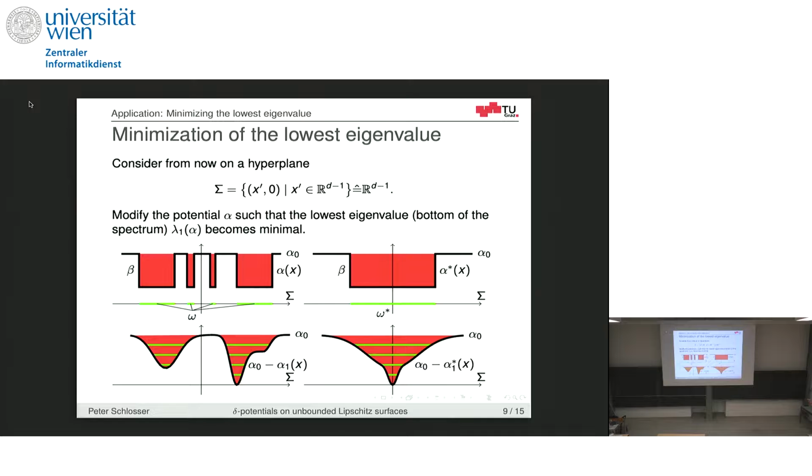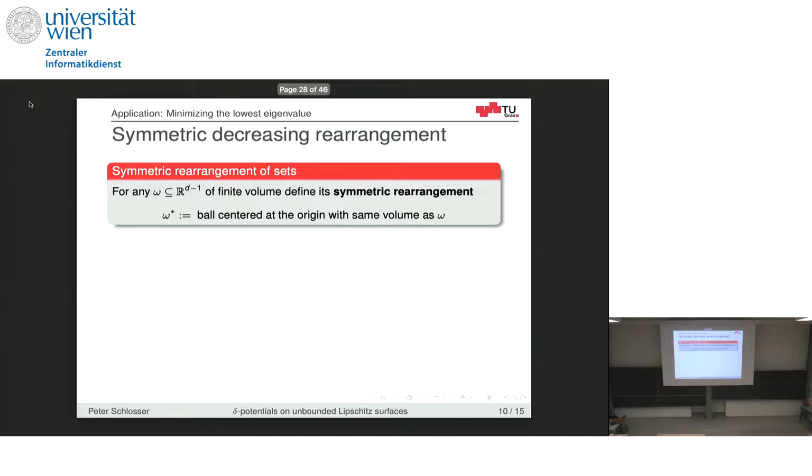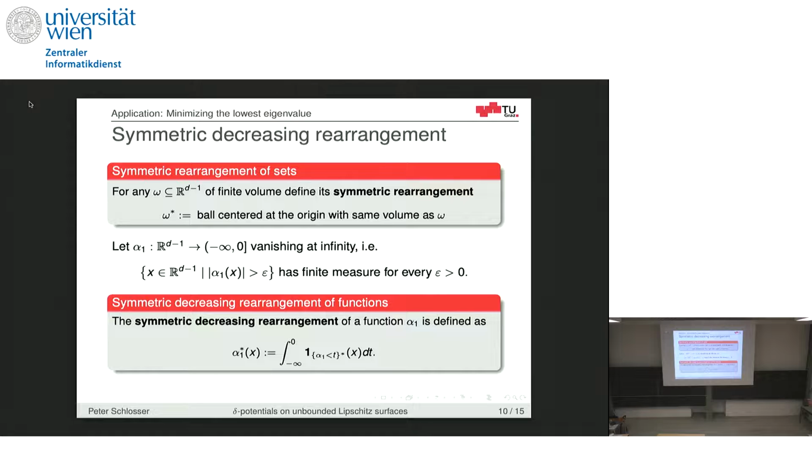The mathematically rigorous definition of the symmetric decreasing rearrangement is quite easy for sets: the rearrangement of a set is just a ball centered at the origin with the same volume. That's easy to understand, but for functions it's a little more problematic.